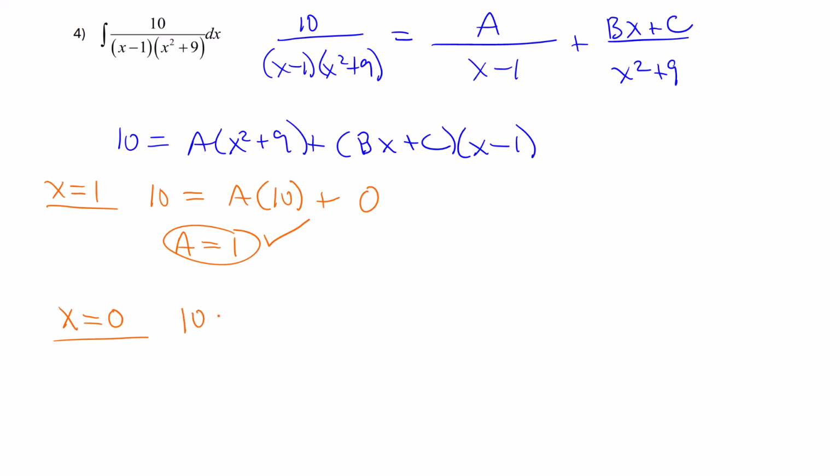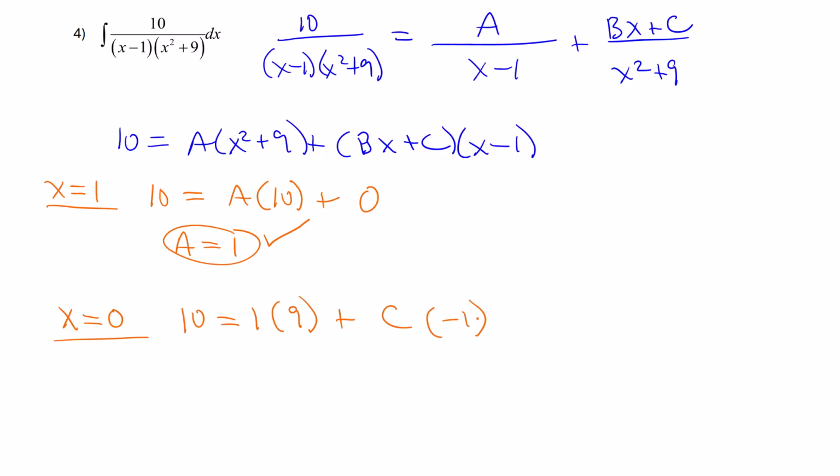I'm going to write out our equation: 10 equals, now we know a is 1, so 1 times 0 squared plus 9, which is 9, plugging in 0 for x at this step, plus, in parentheses, b times 0, which drops out to be 0, plus c, times 0 minus 1, which is negative 1.